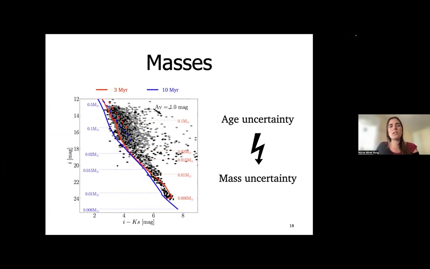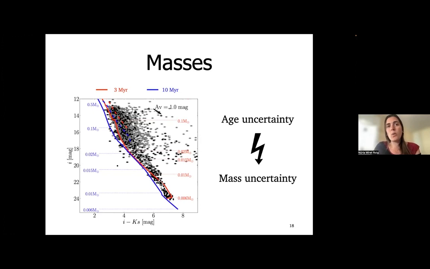And what is evident is that this changes a lot. For instance, an object of 10 Jupiter masses at 3 million years would be placed here, and only 7 million years later, it will have cooled down until here. So beyond the uncertainties on the models, also if we have an uncertainty in the age, which is the case here, this also induces an uncertainty on the final mass.